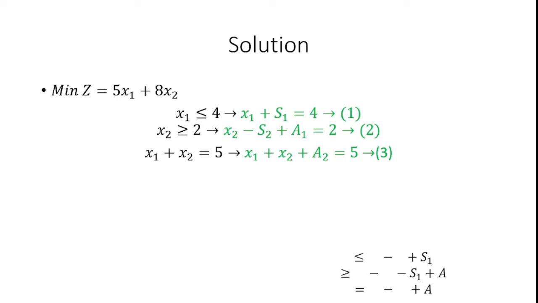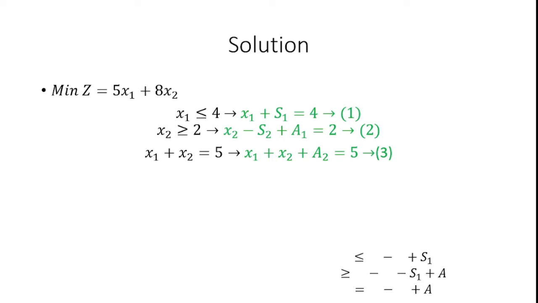I hold the objective function as minimization of z is equal to 5x1 plus 8x2 as usual, but I concentrate on the constraint equations available with the problem. The first constraint equation is x1 less than or equal to 4, so I can easily introduce a slack variable into that equation, so that x1 plus s1 is equal to 4.